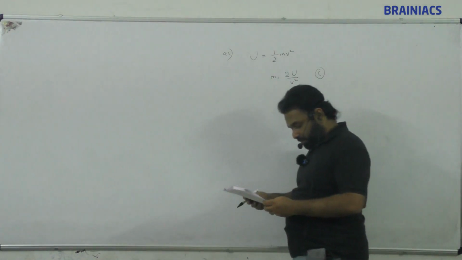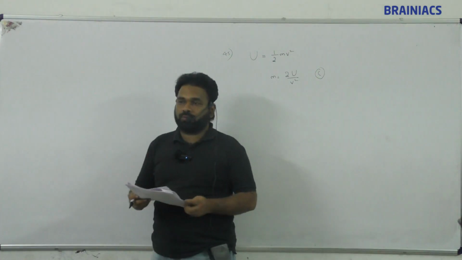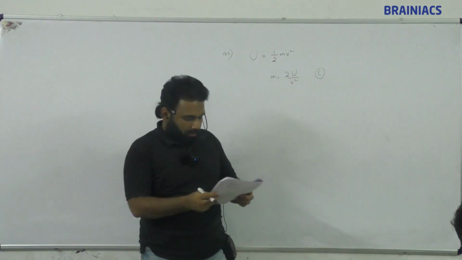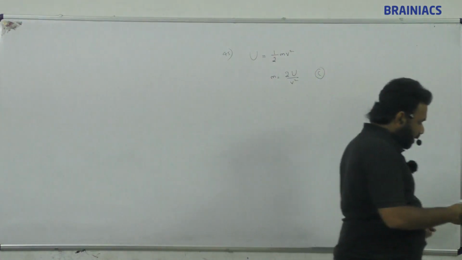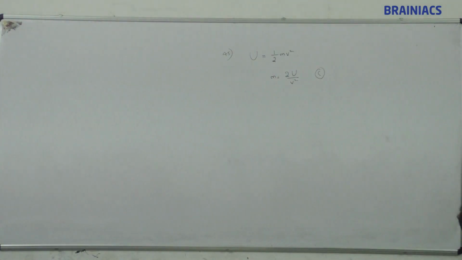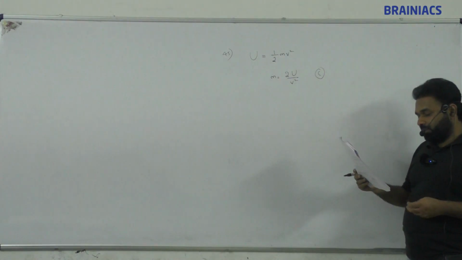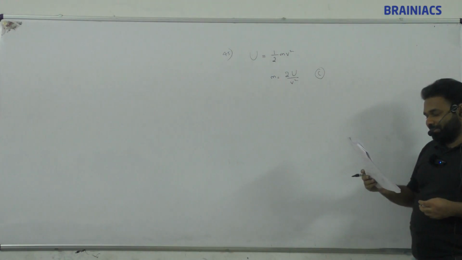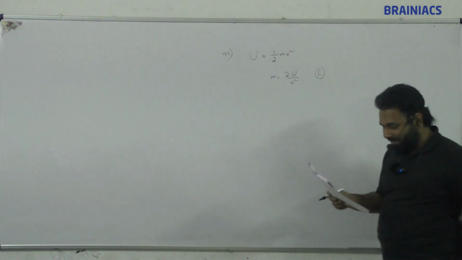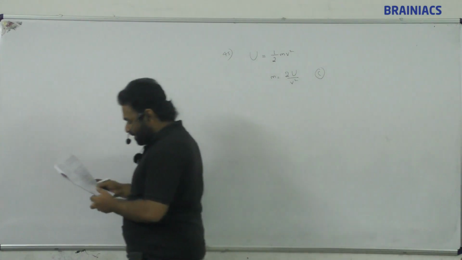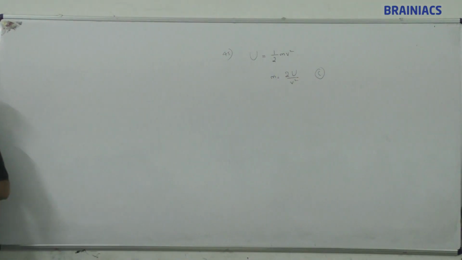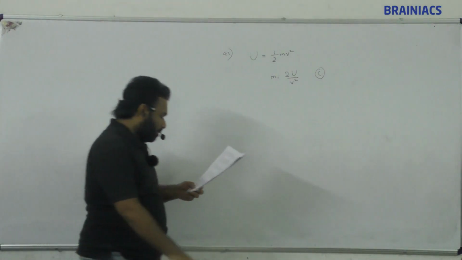Next question, question number 46, that you can do yourself, same thing. A liquid of density D is pumped by a pump P from situation 1 to situation 2 as shown in the diagram. If the cross section of each of the vessel is A, then the work done in pumping.